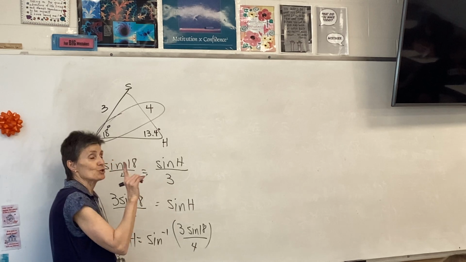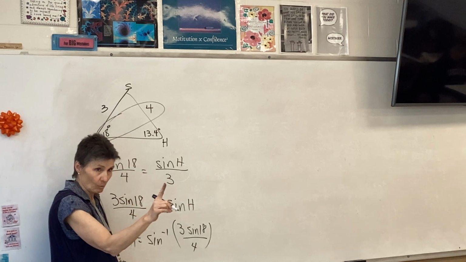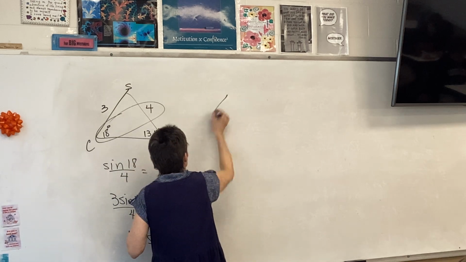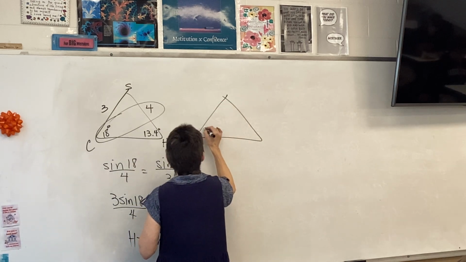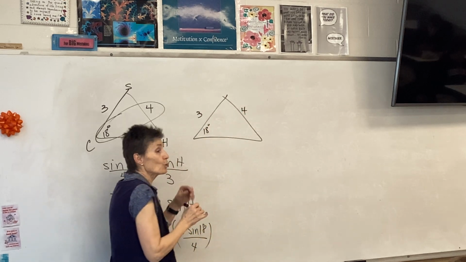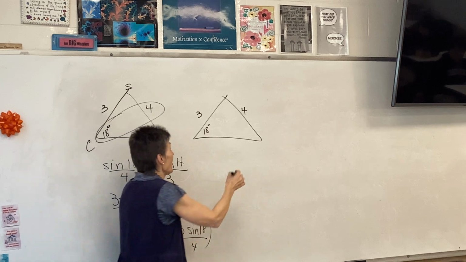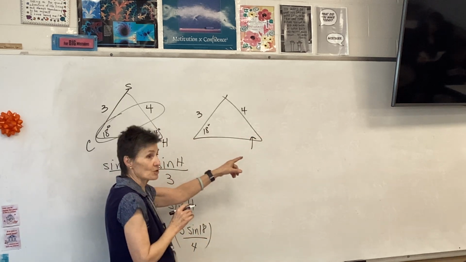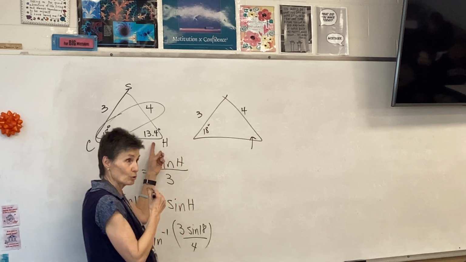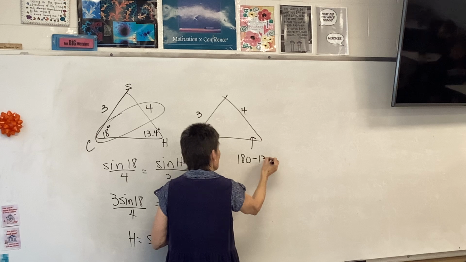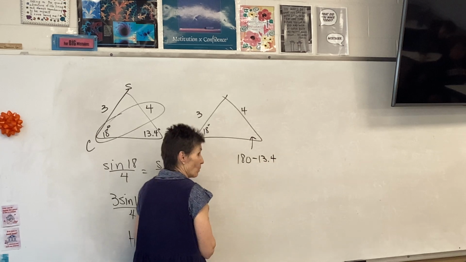Now, I don't need to finish that triangle. Now I need to figure out, could there be a different angle H? Yes. My calculator said 13.4, but could it be 180 minus 13.4?